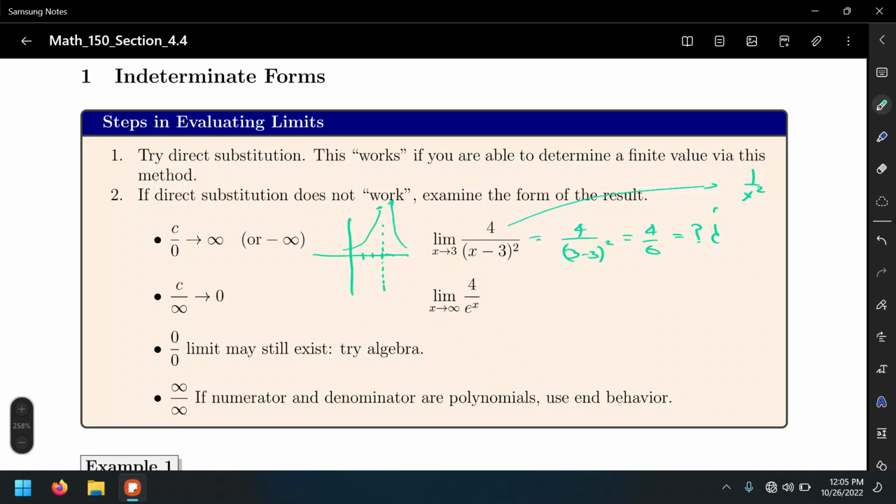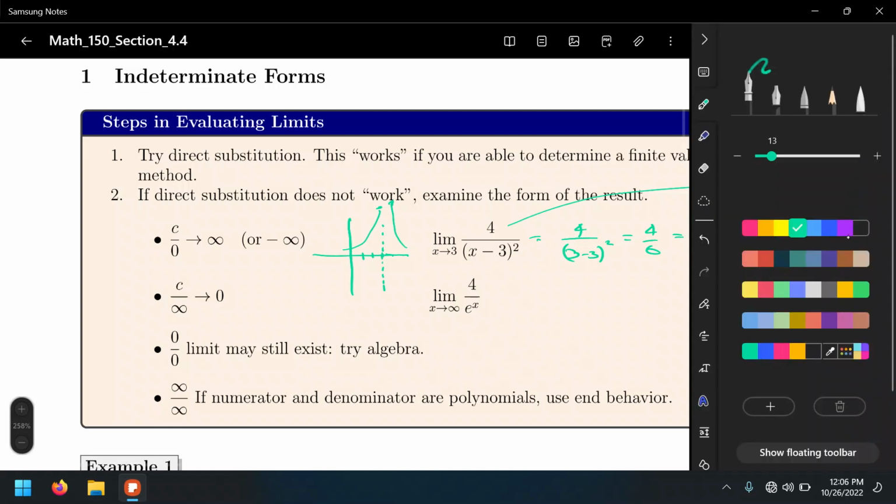Because both limits from the left and from the right point towards the same infinity, the limit is infinity. Actually it's no limit really, but I mean it's infinity. So it's coincidentally infinity.